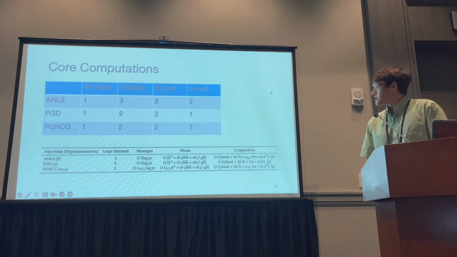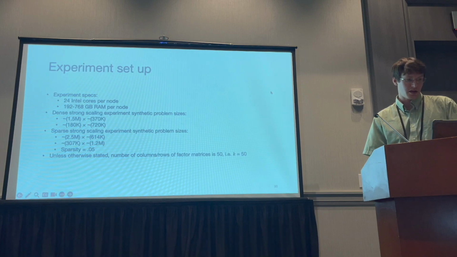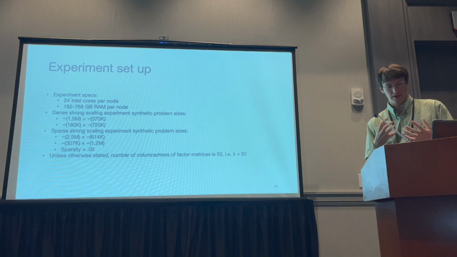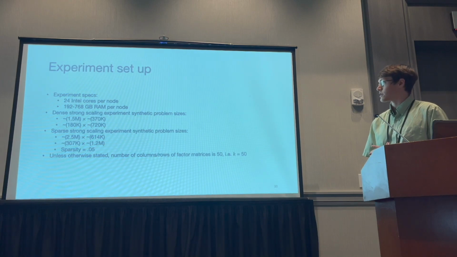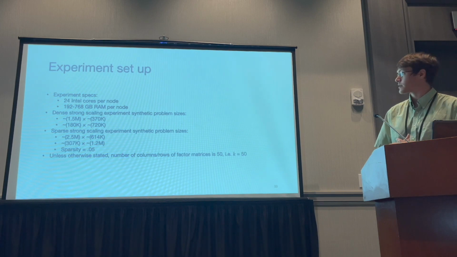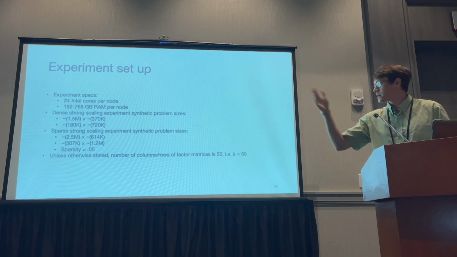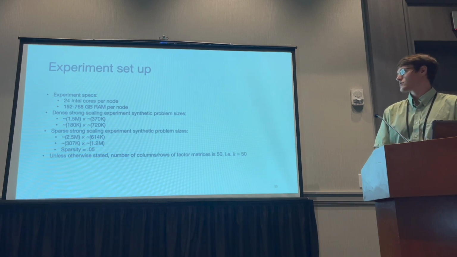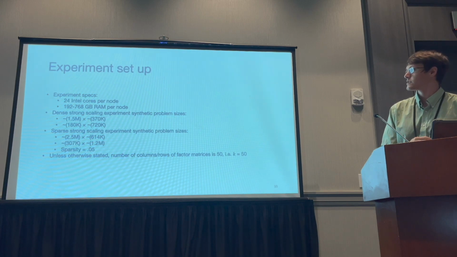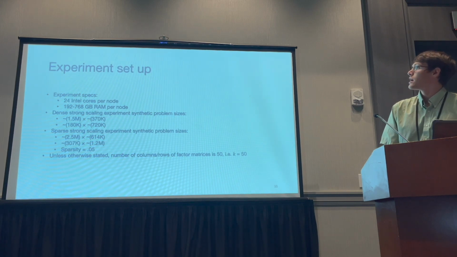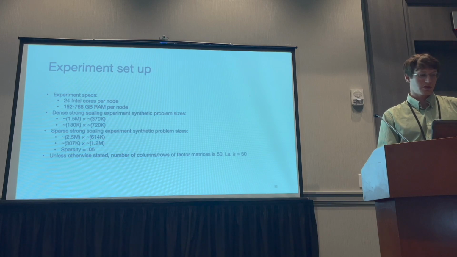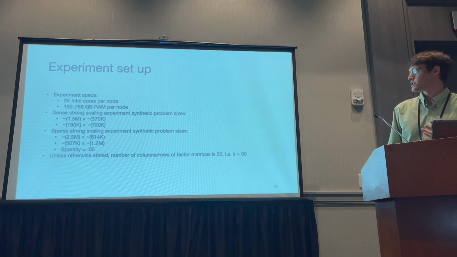So now let's quickly dive into some experiments where you can compare the scalability differences between the three algorithms. Quick experiment setup: all experiments were run on a cluster at the Georgia Institute of Technology, where there are 24 Intel cores per node, and between 192 and 768 gigabytes of RAM per node.